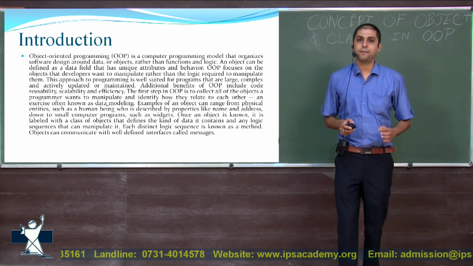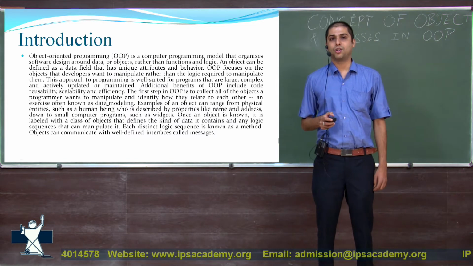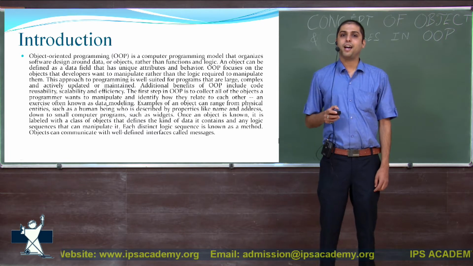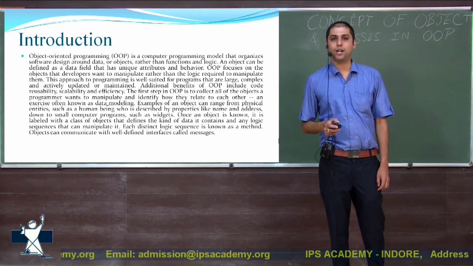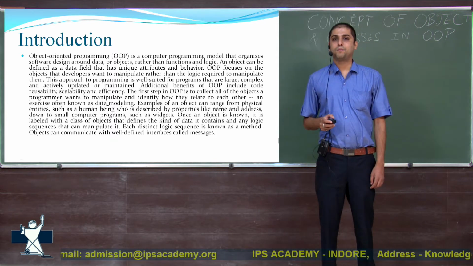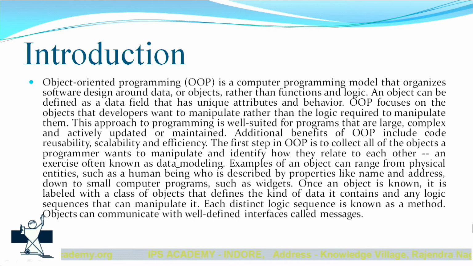The first step in object-oriented programming is to collect all the objects a programmer wants to manipulate and identify how they relate to each other, an exercise often known as data modeling. Examples of an object can range from physical entities such as a human being, who is described by properties like name and address, down to small computer programs such as widgets.